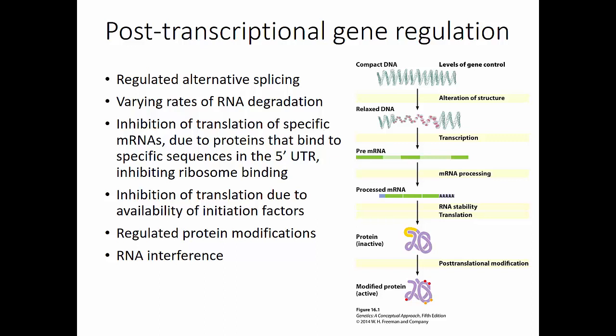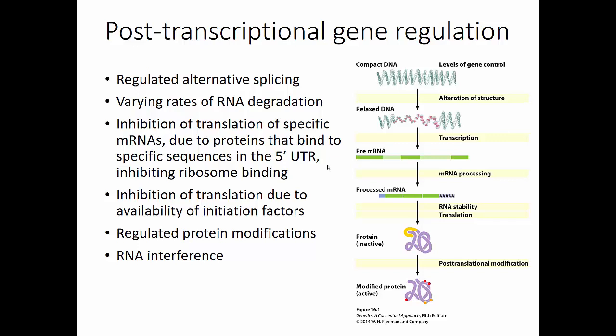So I just want to mention a few of these mechanisms of post-transcriptional gene regulation. Splicing of pre-messenger RNA is one important way that genes can be regulated. Processing of messenger RNA is also regulated. This would be adding the poly A tail that can regulate RNA stability.